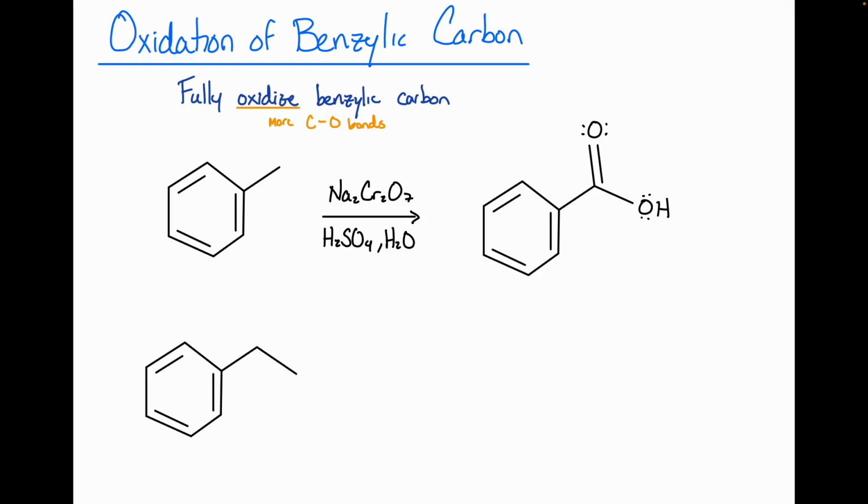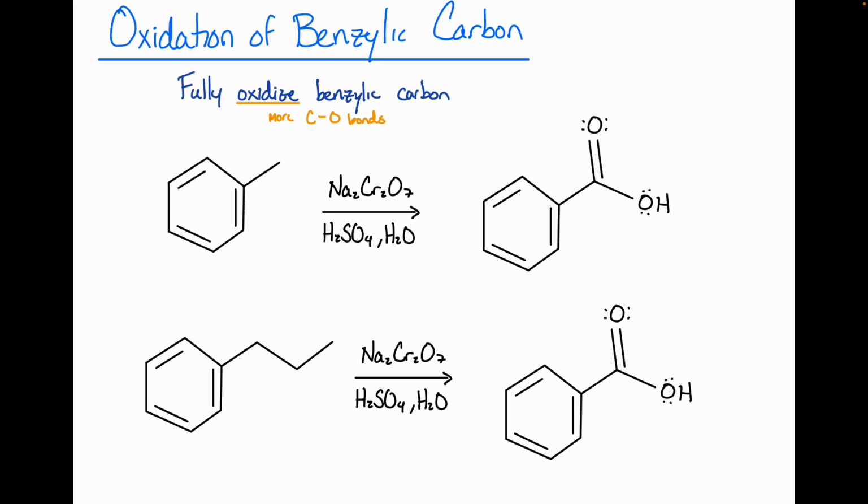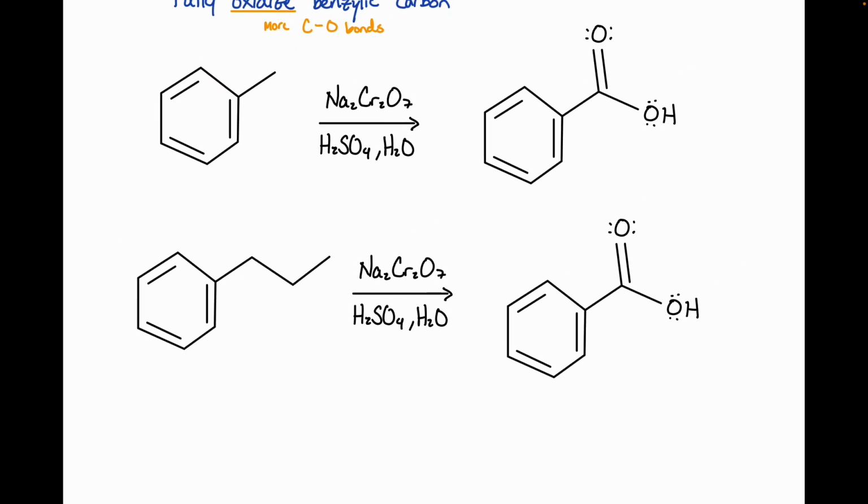What happens if we have a longer hydrocarbon chain, something like propylbenzene? All right, if we hit this with our oxidation agent, turns out we get the exact same product. All right, so it'll actually cleave off any extra carbons in order to fully oxidize that benzylic position.